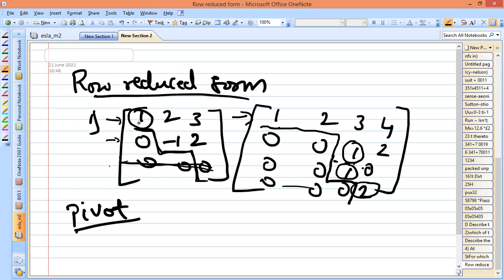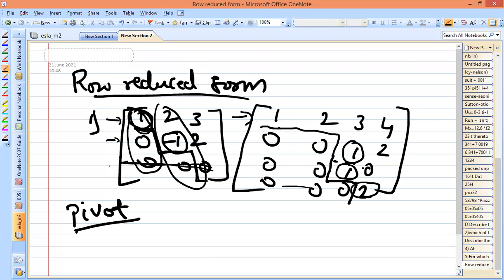In the first example, 1 in the first row is the first non-zero entry, and in the second row it is -1, and in the third row we don't have one. So the pivots of this matrix are 1 and -1. After identifying the pivots, we identify the pivot columns. Pivot columns are the columns consisting of the pivots. So column C1 and column C2 will be considered the pivot columns of the given row reduced matrix.